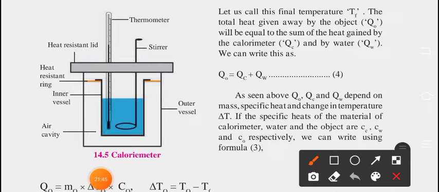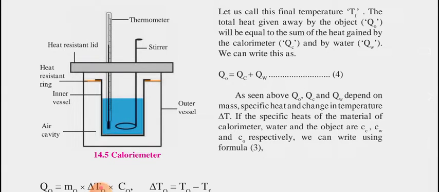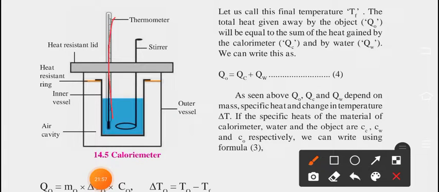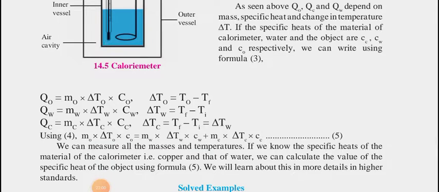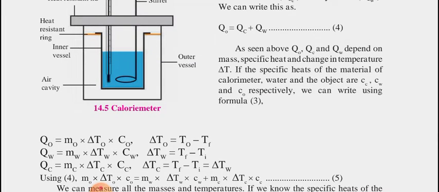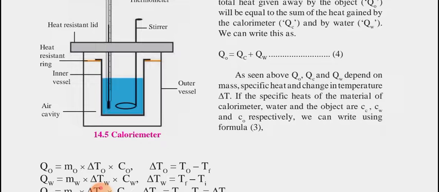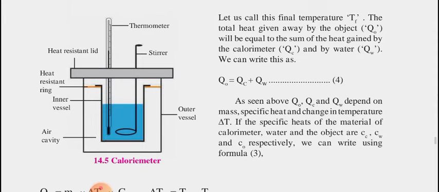If you know the temperature of this water and of this copper vessel, then you can find the temperature of the object which you are inserting. Similarly, you can find the specific heat of the object inserted in the calorimeter.